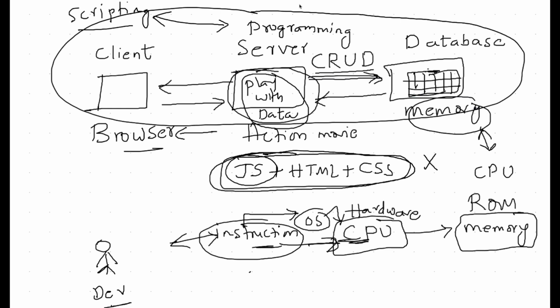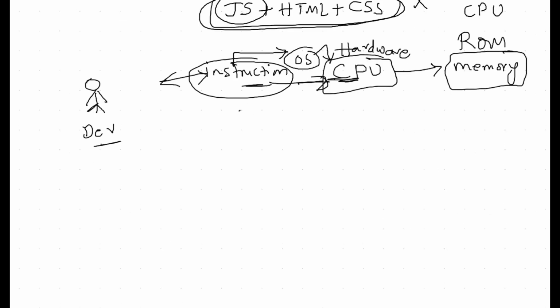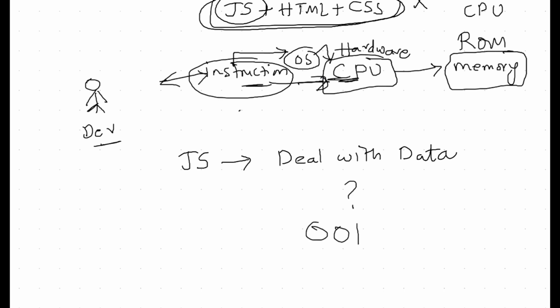So what they essentially did was give JS an ability to deal with data. And how do you deal with data? By making it an object-oriented programming language.